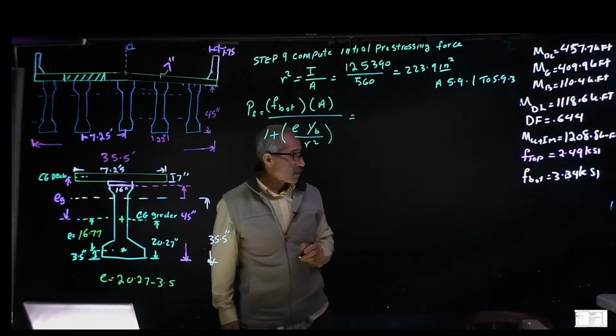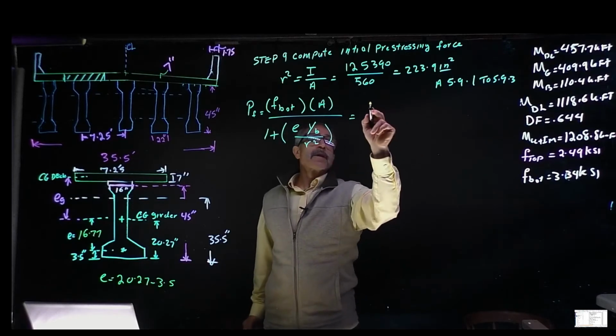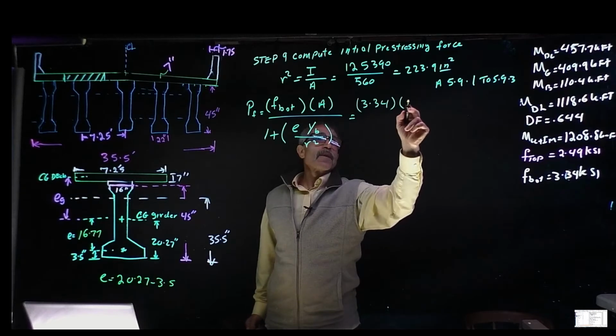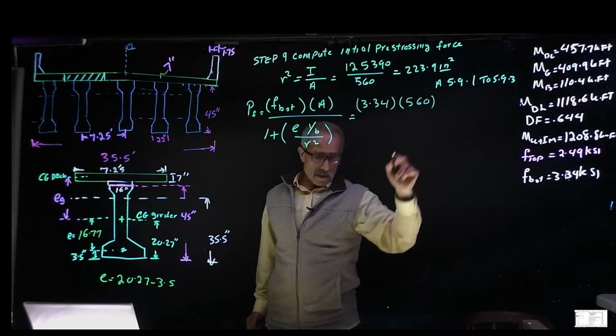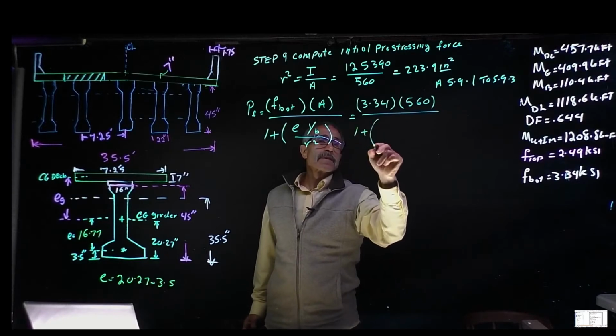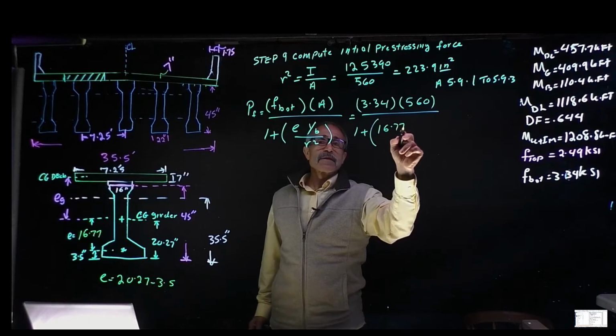So now that comes out to 3.34 KSI. Area was 560, and times 1 plus we have 16.77.